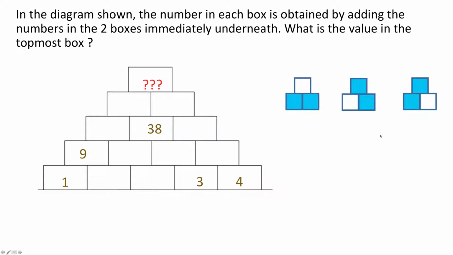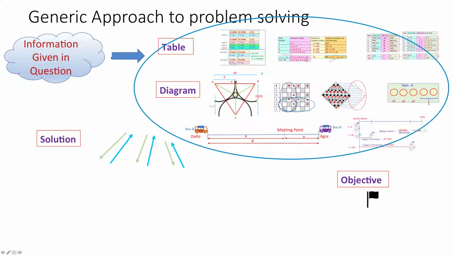Okay, so the generic, universal approach of problem solving, if you remember, is to extract the information, which is now in the form of a diagram or table, and start identifying a starting point.